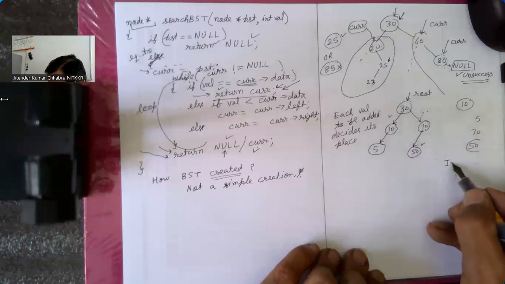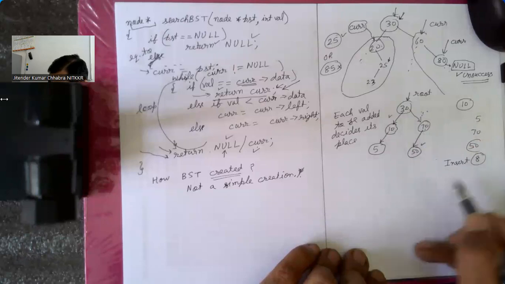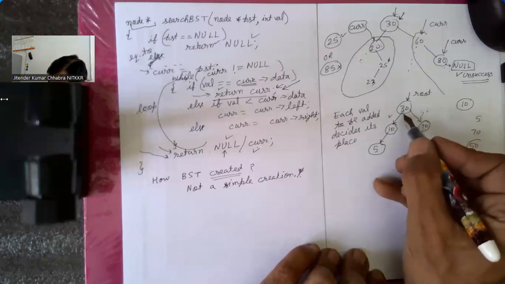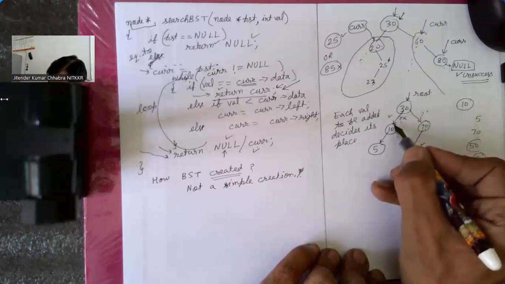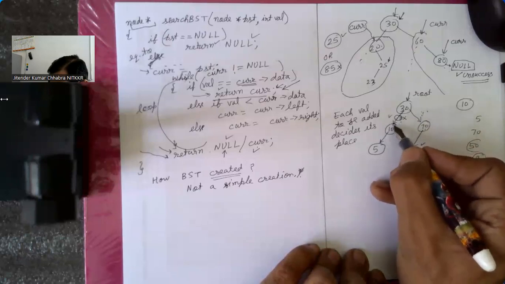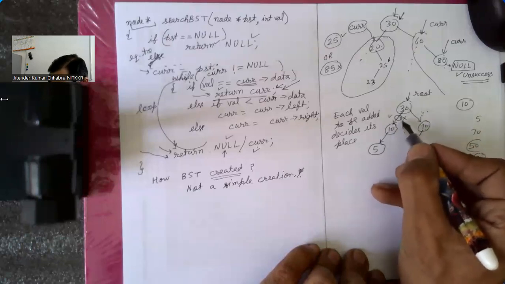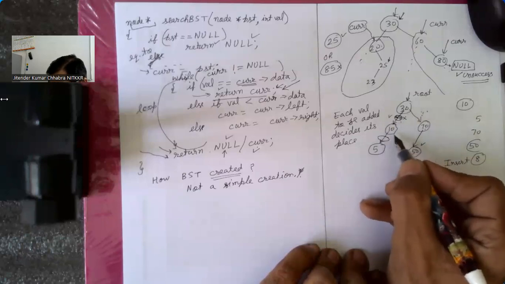Let's say I want to insert 8. 8 is less than 30, but can I put 8 here? No. First thing, already linking is there. Secondly, if you try to put 8 here, the remaining relation will become wrong. Maybe you think somewhere like this.